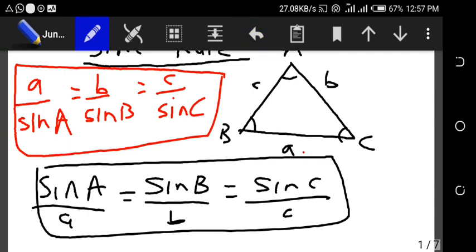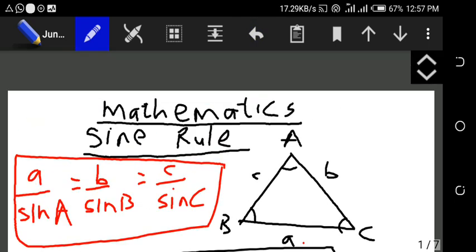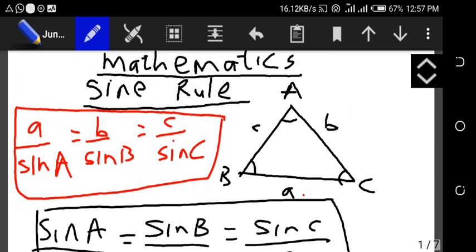But you must be consistent. You cannot say sine A over A is equal, and then turn it and say B over sine B. If you are taking the angles up, then all the angles should be up. If you are bringing the angles down, they should be down. So you don't mix them up. Whether like this or like this, you are still correct. So that's about the sine rule.